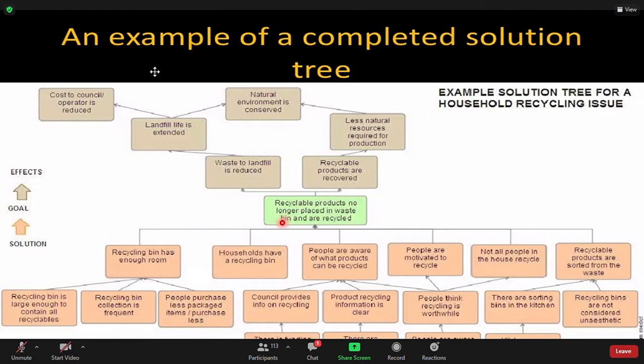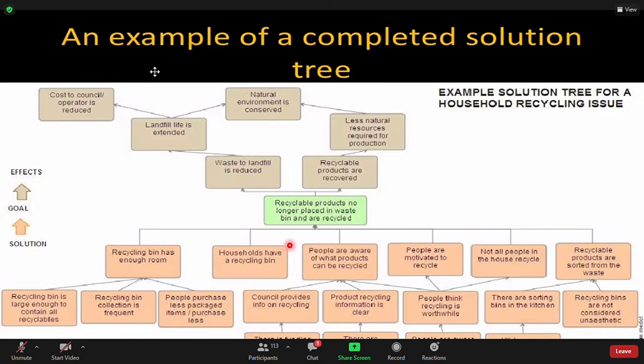The solutions: the recycling bin has enough room. Households have a recycling bin available, and there is no immediate cause because there are no more households without a recycling bin; now they have.